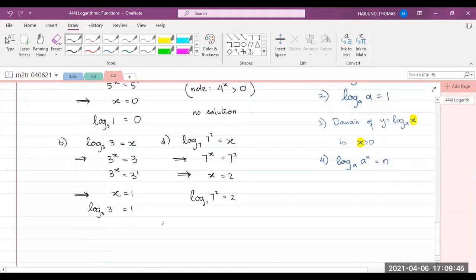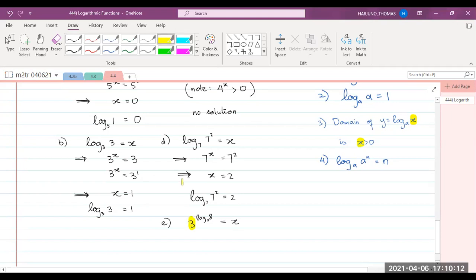Part E. Then how do you compute 3 to the log base 3 of 8? What is that equal to? I don't know. Call that x for now. But you see this is actually exponential form.